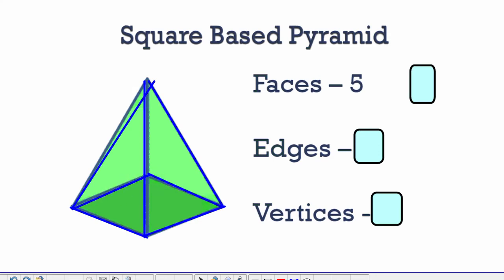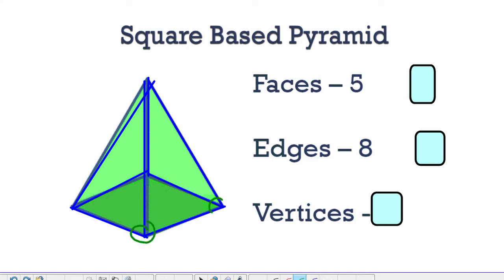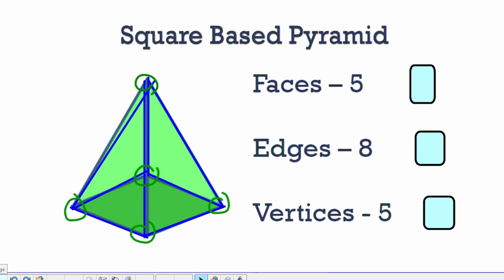You see where these 2 lines meet up here? There's another one that will come up to the top. So we're looking at 8 edges. And vertices, again, there are corners. We've got 1, 2, 3, 4, and as I said, we've got this hidden corner back here. So we've got 5 vertices, 5 corners, 5 points.